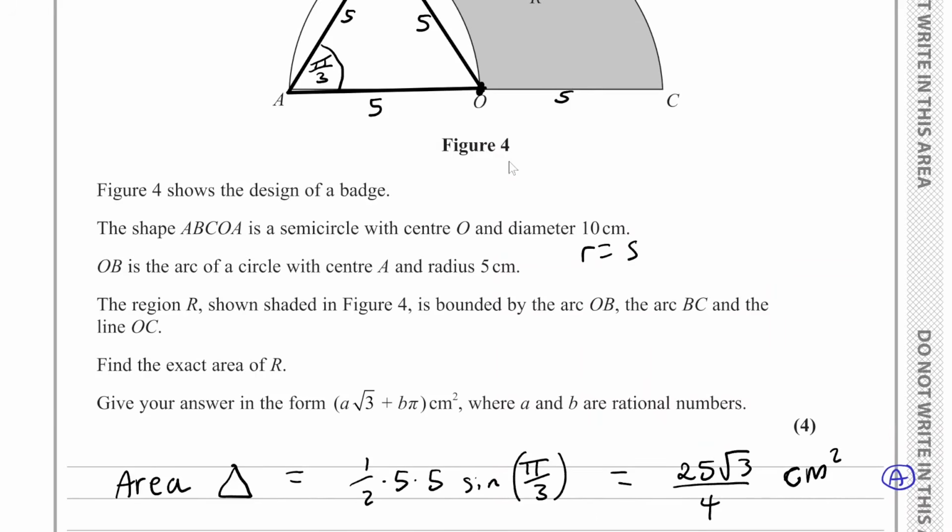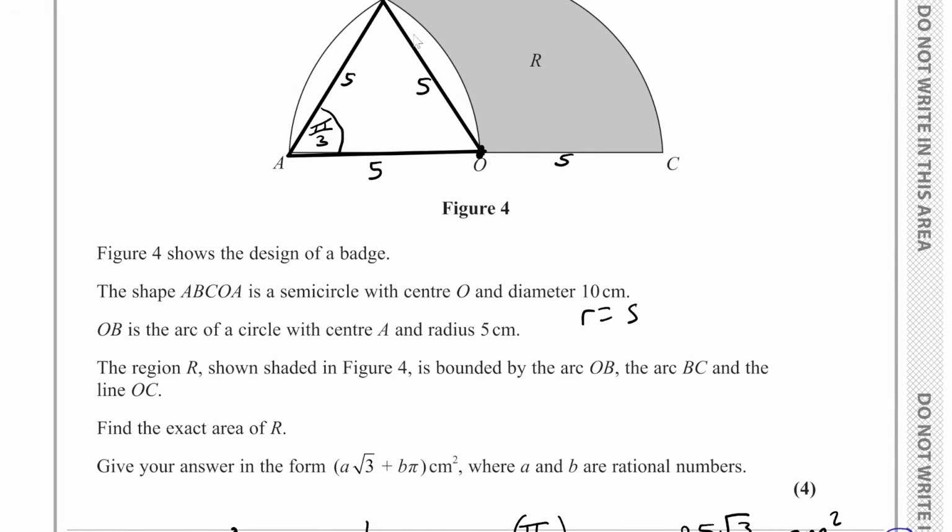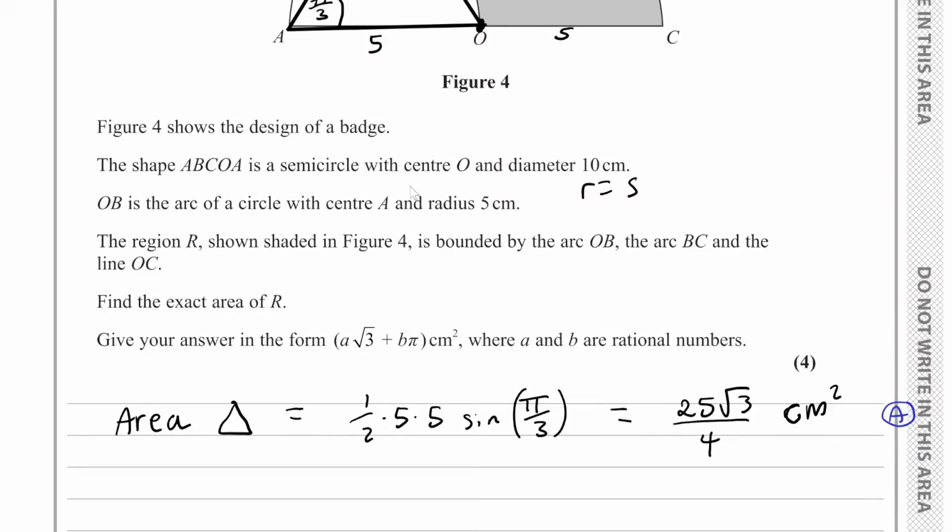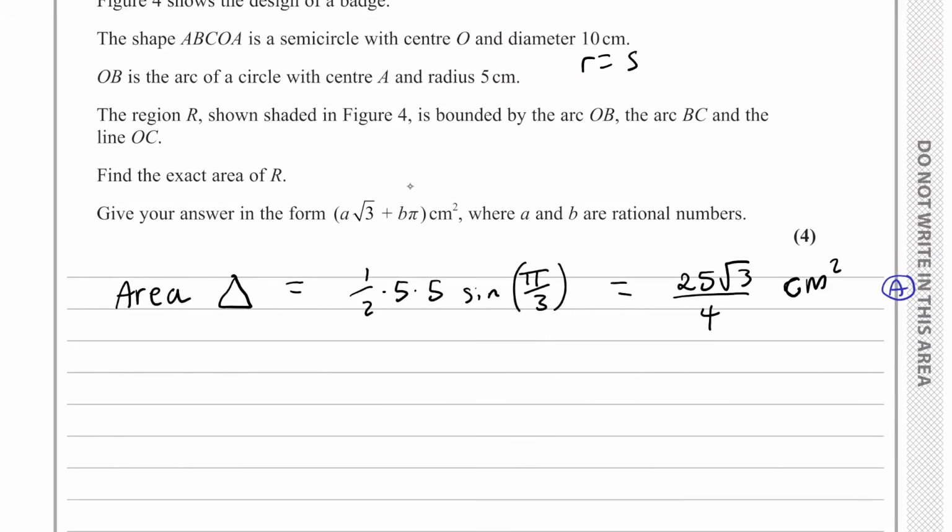Then we could work out a sector of the circle. So a sector of the circle is this whole shape. So it's the area of the circle, but only pi over 3, only that part of it, not the whole circle. So the area of a sector, there's a formula for sector area in radians.